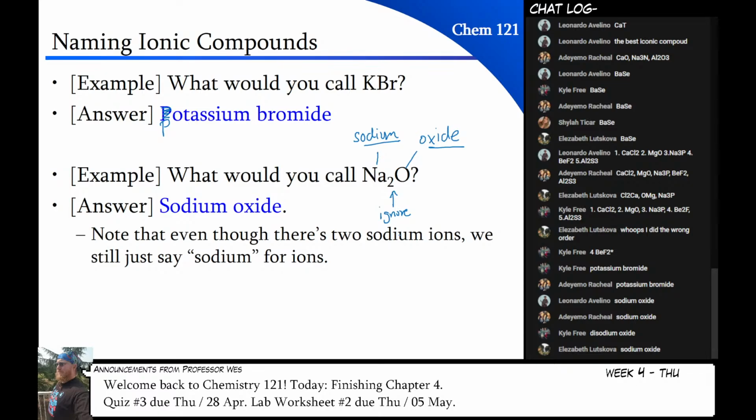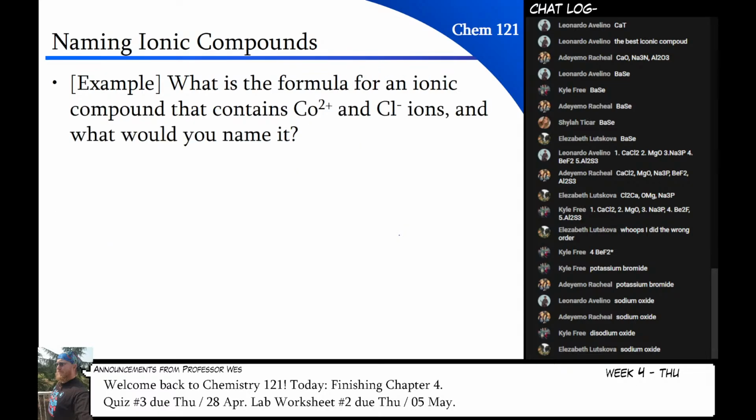All right, more examples here. What happens when I start using transition metals? Well, I need to indicate the charge in some way. So here I have cobalt, and I have a 2+ charge on it. You can solve for this in some cases, but you can't just know which ion I am giving you if the element is a transition metal.